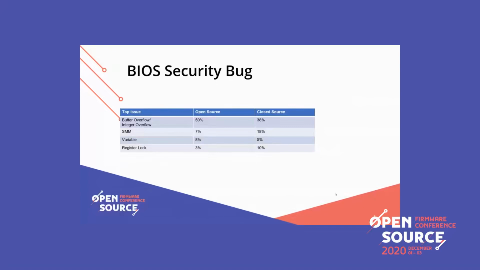You'll notice that the open source EDK2 code, with more algorithmically intensive software layers, has more issues, whereas the closed source, more silicon intensive, has fewer buffer overflows and more issues like register locking and other things that impact hardware.